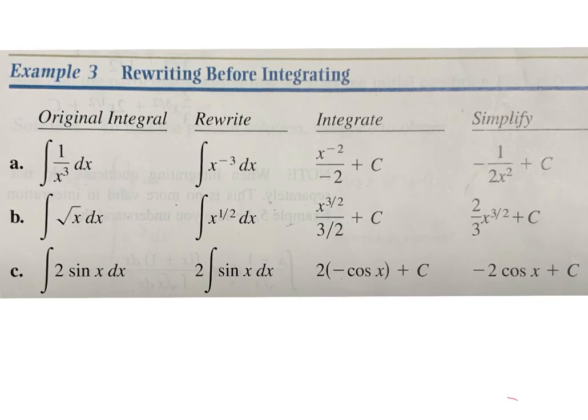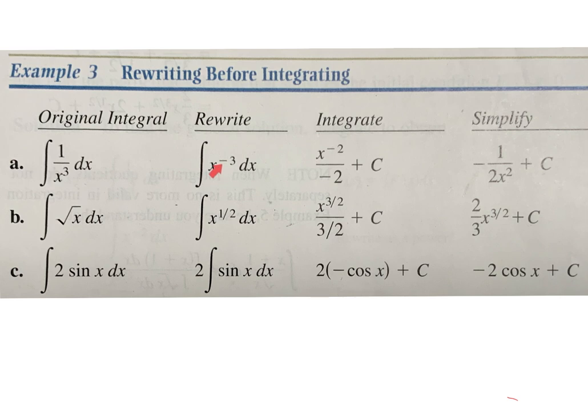Special things you may want to rewrite, okay? This is 1 over x cubed. Well, if I'm trying to manipulate exponents, x to the -3. Square root of x, again, x to the 1/2. 2 sine of x, pull that 2 out in front, and all you have to worry about is doing the antiderivative of sine. So if I look at this, -3, add 1.